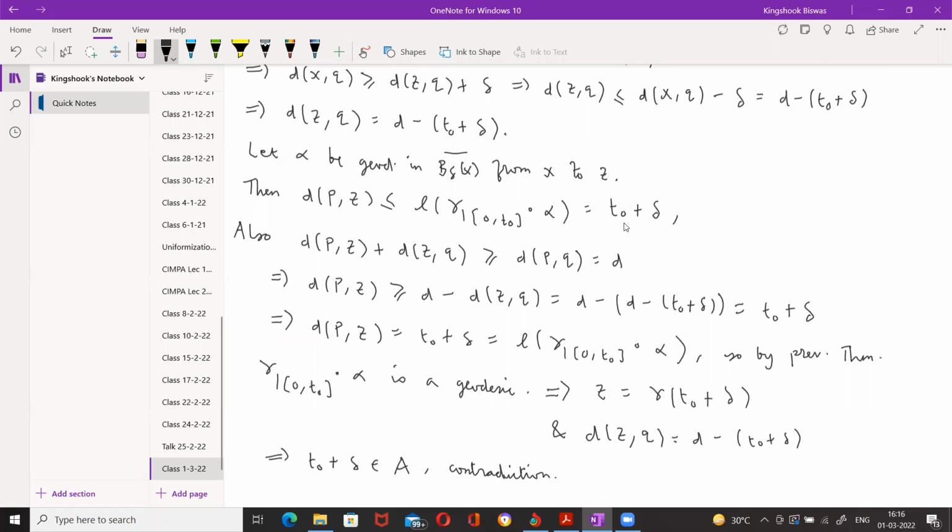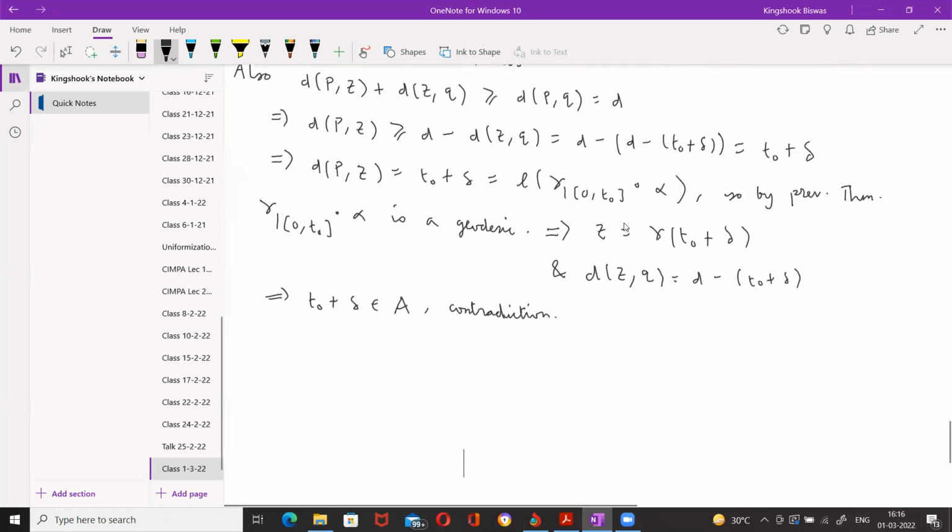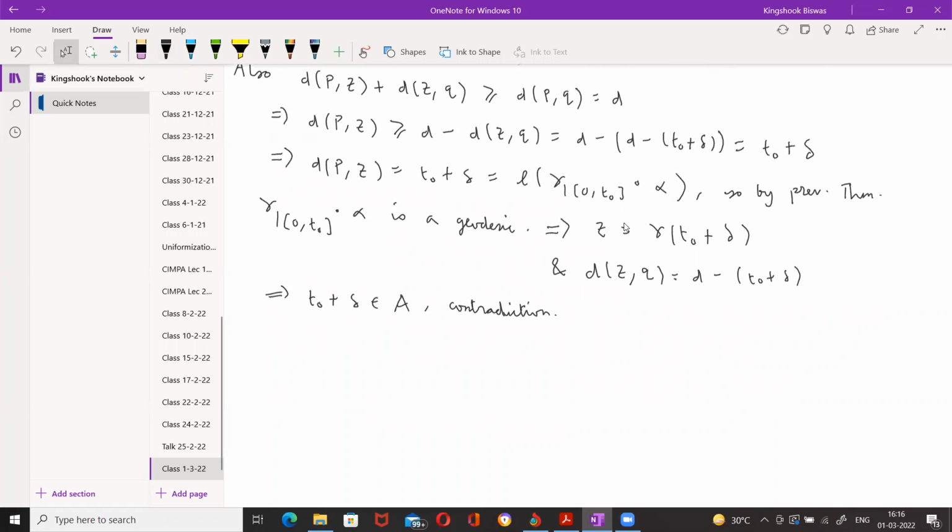Is this okay? So therefore, sup A is equal to D, and because A is closed, this belongs to A. So that implies that the distance of gamma D from Q is equal to D minus D, which is 0.